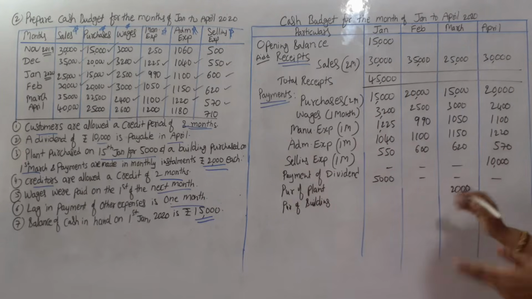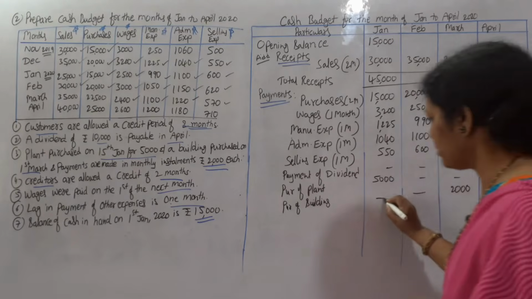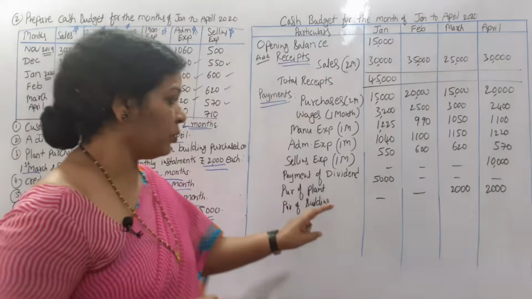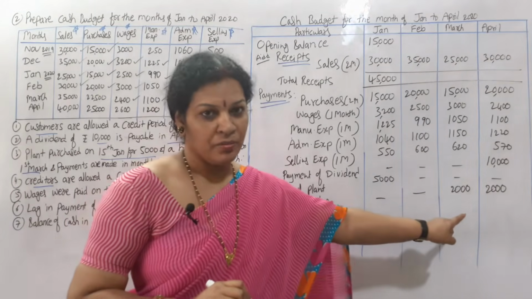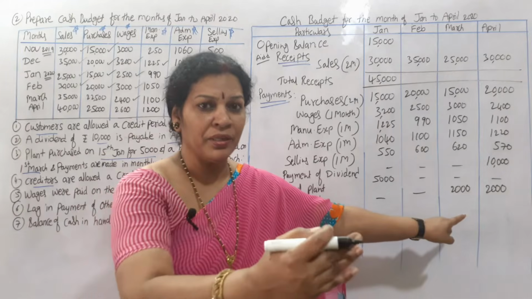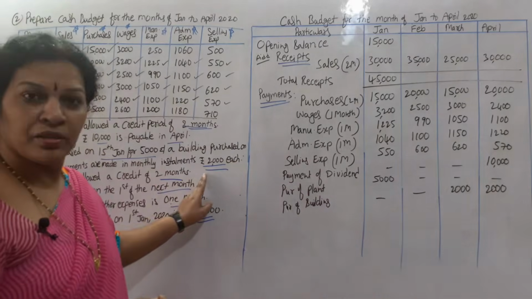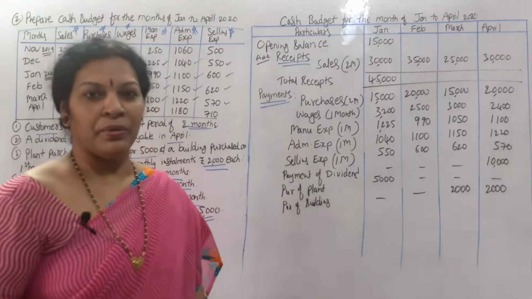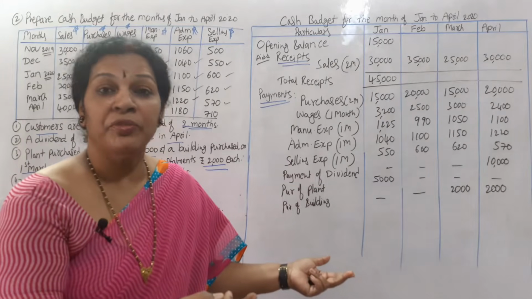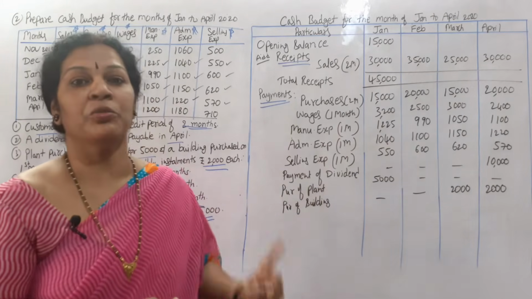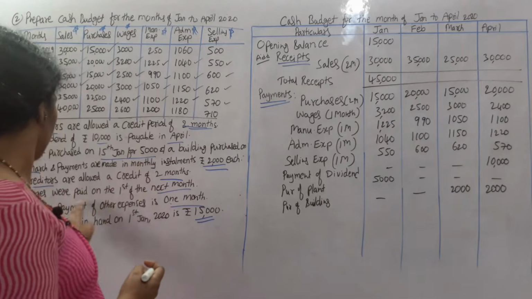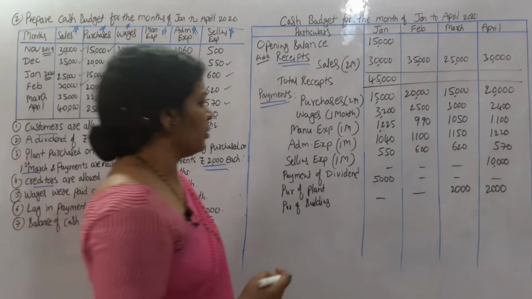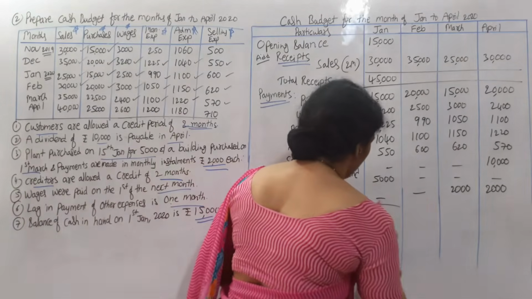Every month means one more month is there. 2 months only. Purchased on March, so obviously it doesn't come in January and February months. March we have paid, and also every month we have to pay this 2,000 rupees. So next month also I have paid. If more months we are supposed to pay, those months also we are going to pay 2,000, right? Next, what else? Anything else is there? That's all. Over. Now we'll close it.